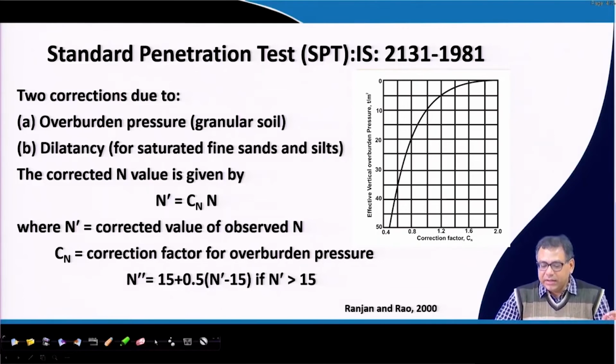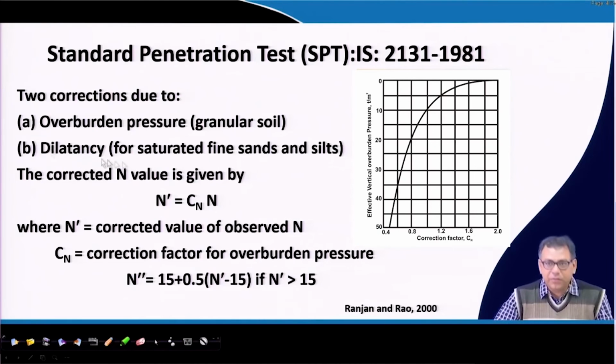So, if effective overburden pressure is less than 10 ton per meter square, then your corrected N value is more than the measured N value. If it is more than 10 ton per meter square, then the corrected N value is less than the measured N value. Okay?